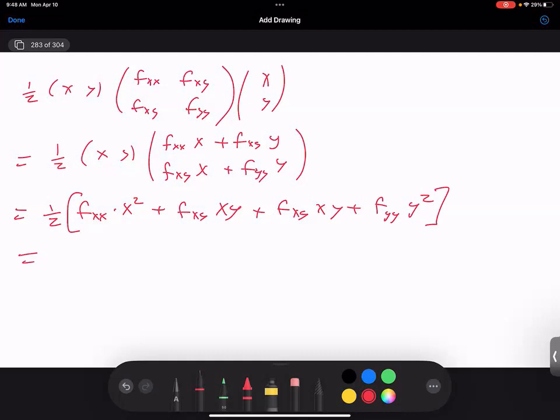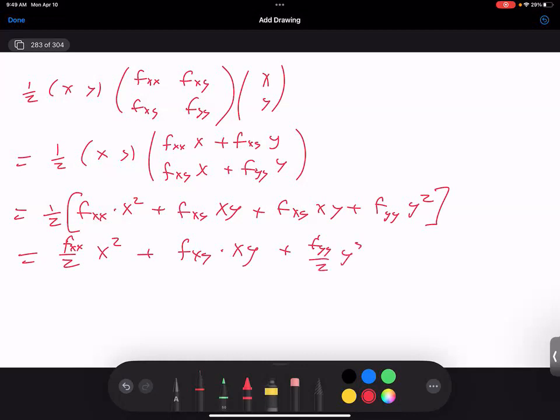So when I multiply this out, I get 1/2 fxx times x squared, and since I've got 2 with the 1/2, fxy times xy plus fyy over 2 y squared.